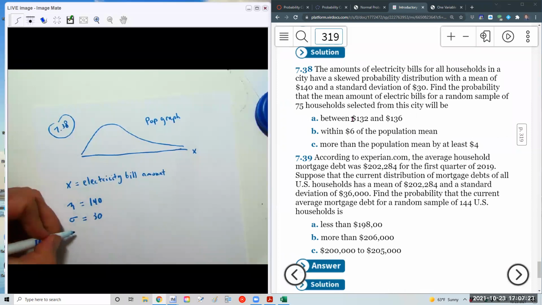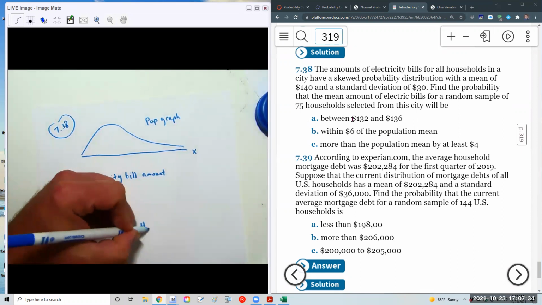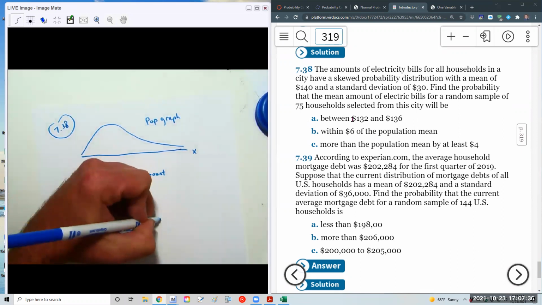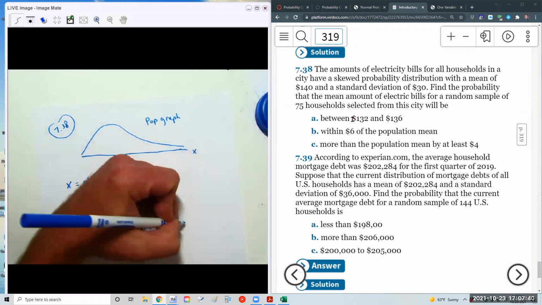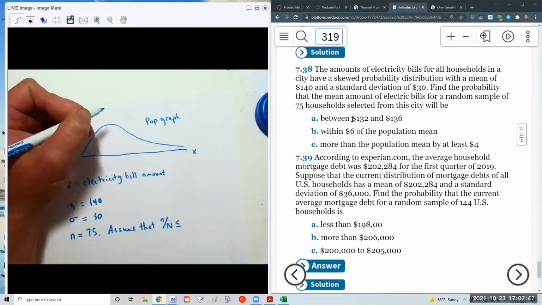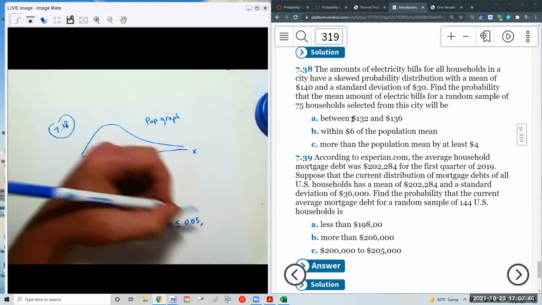So we're going to assume n is equal to 75, that was given. We are going to assume that the sample represents less than the population size. I'm sorry, the sample represents less than 5% of the population size.